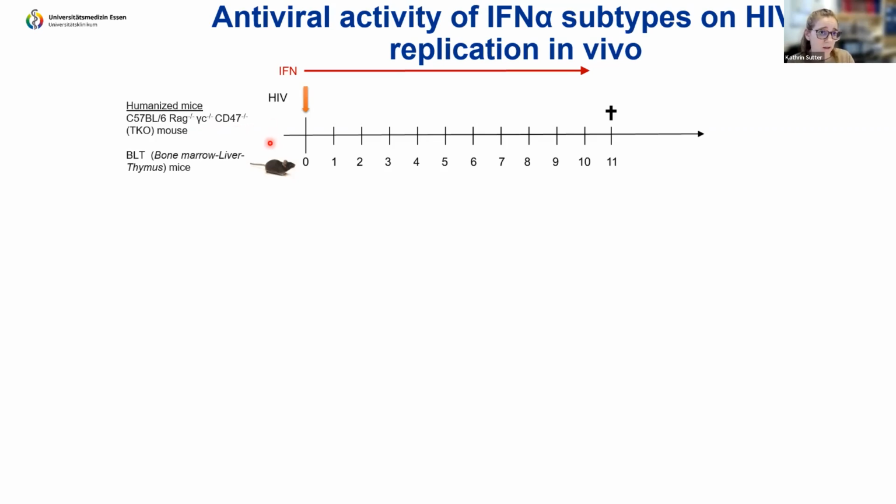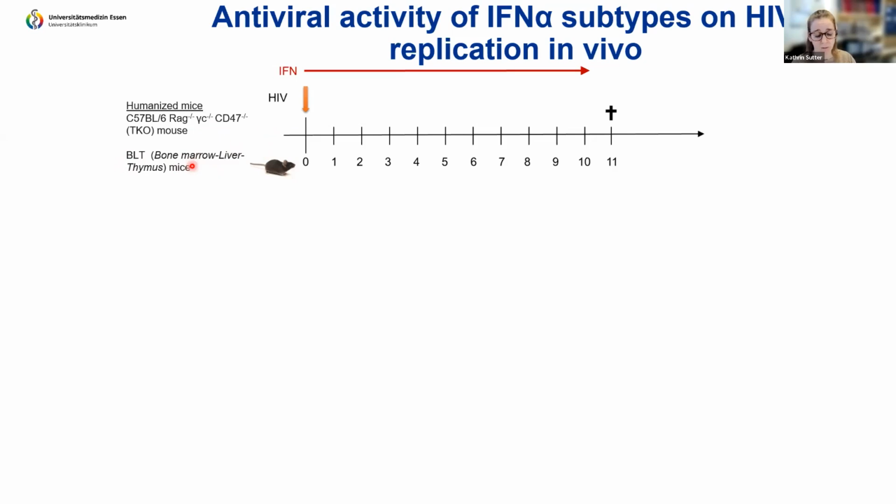And then these mice were lethally irradiated, and then they got a little bit of fetal liver, fetal thymus, and bone marrow cells, so hematopoietic stem cells. Therefore, these mice are called BLT mice. You let them sit for 12 weeks after the transplantation, and then these mice have a complete human immune system.